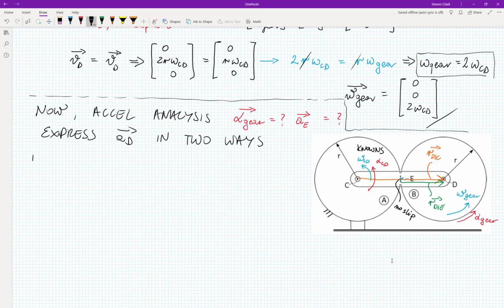So I'm going to do D with respect to C and D with respect to E. So I'm going to write down AD that is equal to AC plus alpha of certain body times R DC minus omega of certain body times R DC.